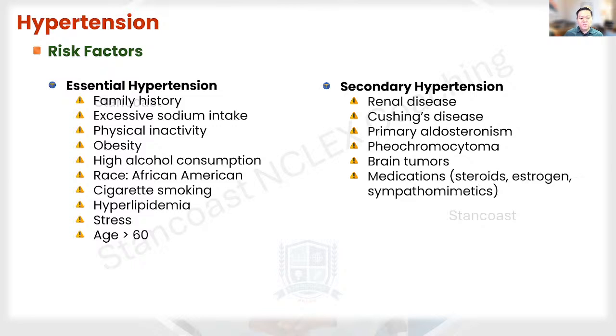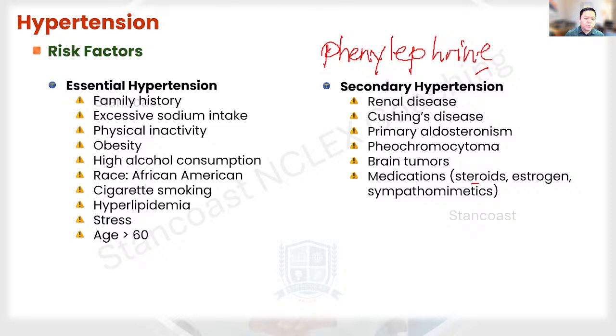Now, for those taking some medications, let's say steroids, prednisone, methylprednisolone, estrogen, or sympathomimetics like phenylephrine, okay? Phenylephrine is basically an ingredient in cold preparations, decongestants. This can elevate the blood pressure as well, all right?